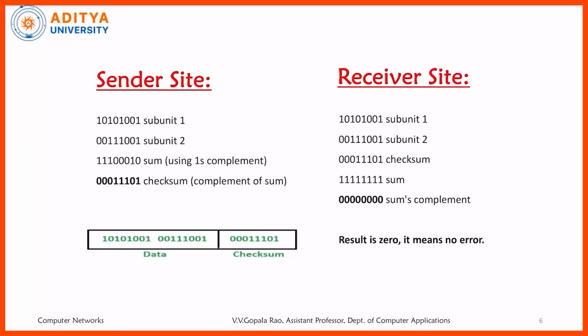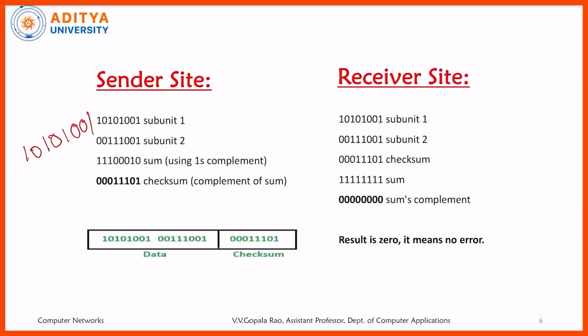At the sender side there is one subunit, 10101001. So, there is a subunit of 8 bits. Once the sender is using 8 bits of subunit, the receiver also should use the same size only.